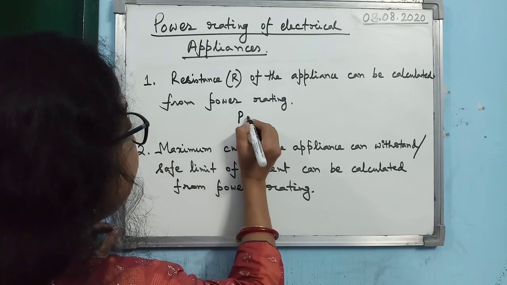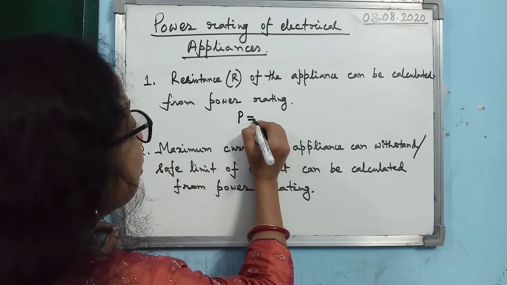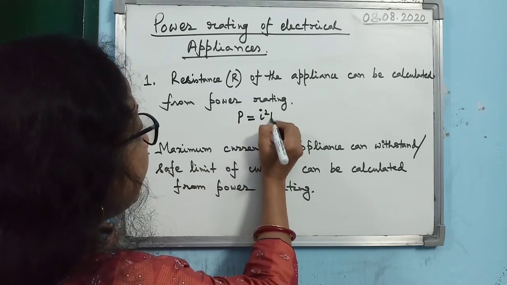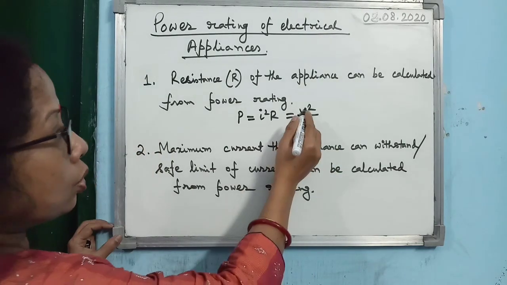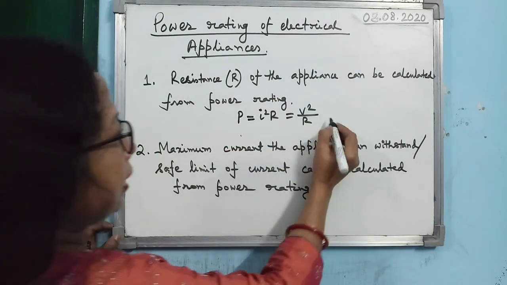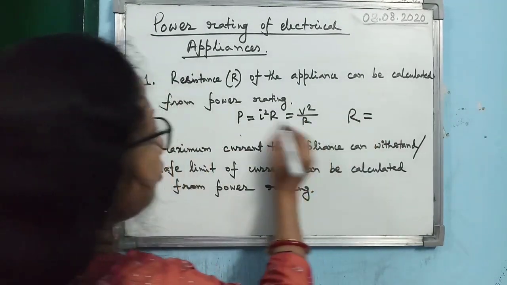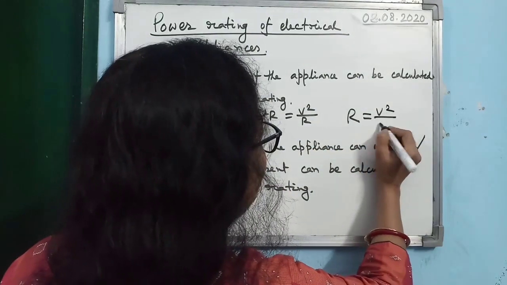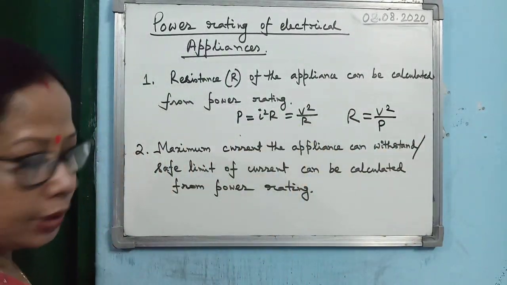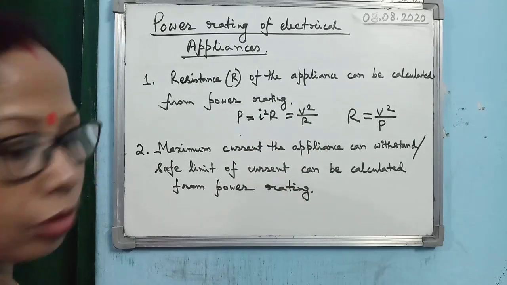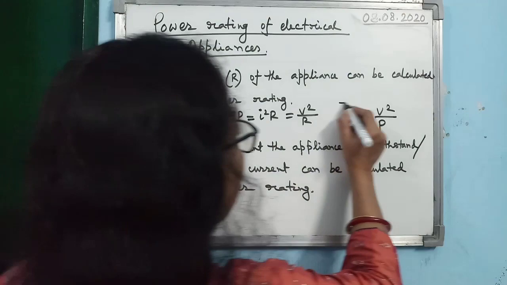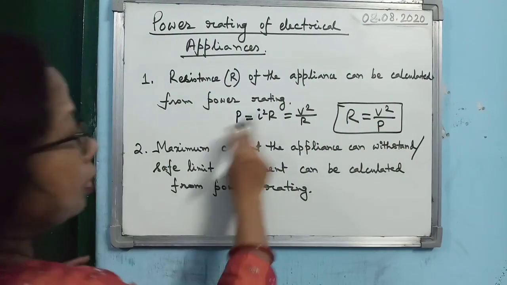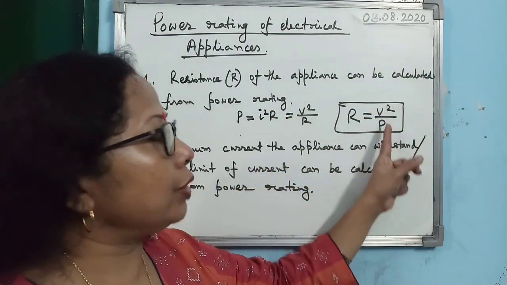You know that P is equal to I square R, or you can write V square by R. So what will be the resistance? It is given by V square by P. This relation, P is equal to I square R equal to V square by R, you don't have to write, only this one you should write. What is the formula we use? R is equal to V square by P.